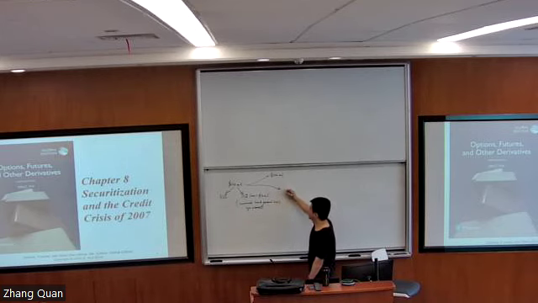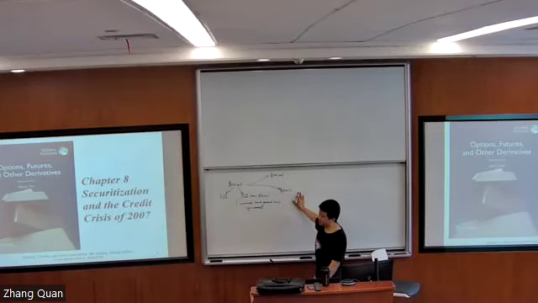Okay, so maybe after 1 or 2 years, the housing price of this loan actually changed to 50%, 50 million.